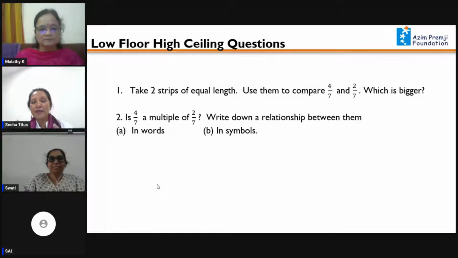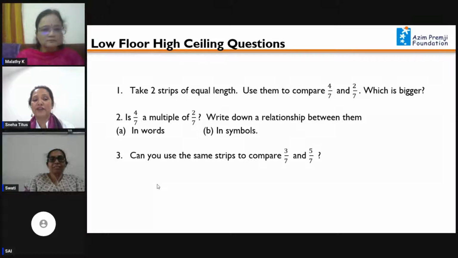But what I want them to do is not just go directly to the exercise. I want them to understand the meaning of the fraction, to understand the comparison of the fraction. Here's my next question. Can you use the same strips to compare 3 by 7 and 5 by 7?